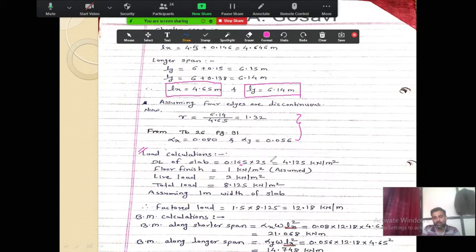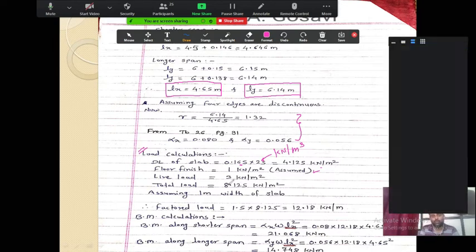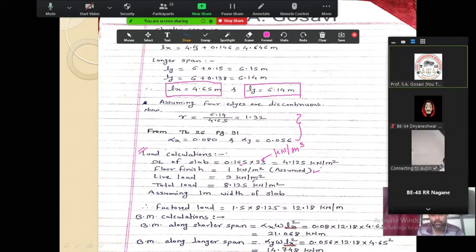The unit of 25 is kilonewton per meter cube, so kilonewton per meter cube into meter works out to kilonewton per meter square. Then floor finish is 1 kilonewton per meter square, this value is not given, so we have assumed it. Then live load is 3 kilonewton per meter square, 3000 newton per mm square is given in the problem, so it will be 3 kilonewton per meter square.